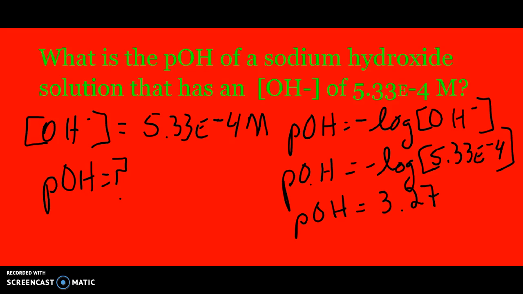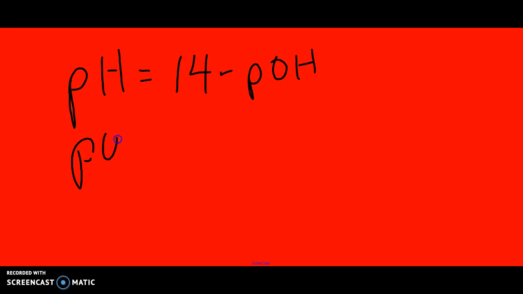Let me show you something here, all right? Let's see if you can figure this one out. So, when we're dealing with pH and pOH, pH is equal to 14 minus the pOH. pOH is equal to 14 minus the pH. Interesting relationship, huh?